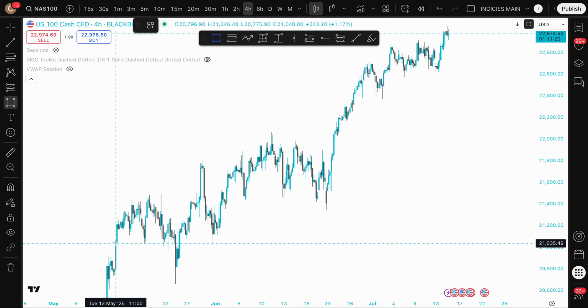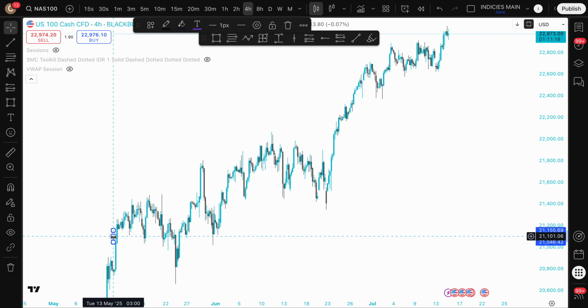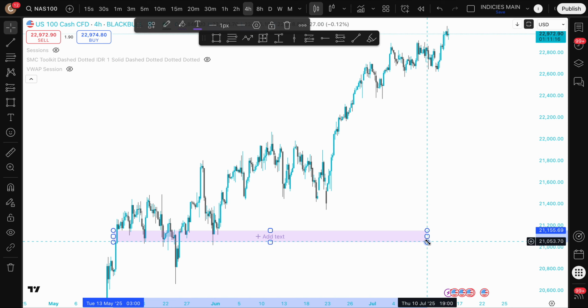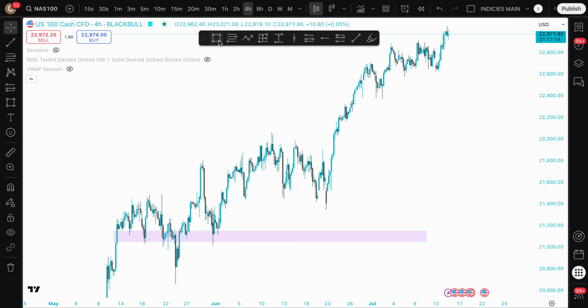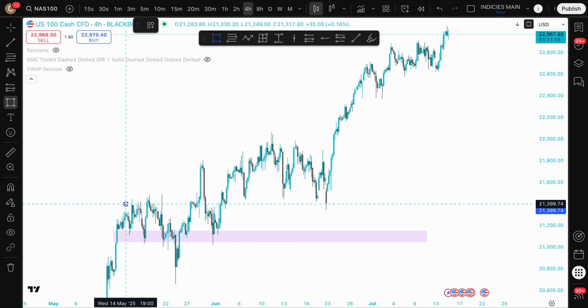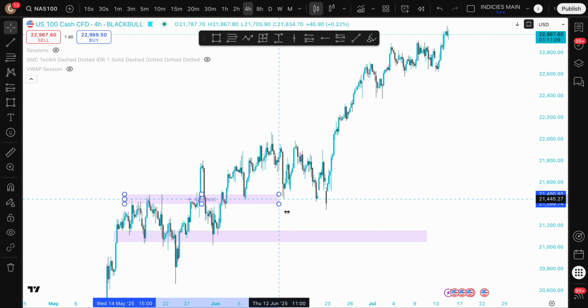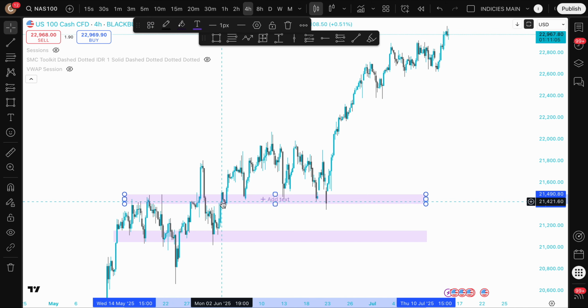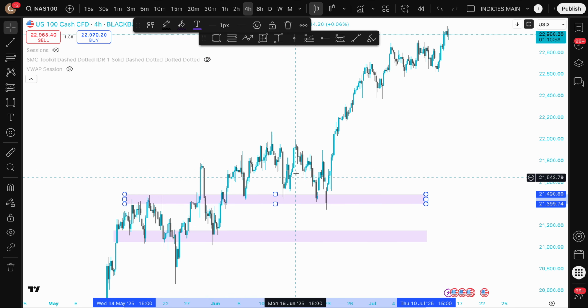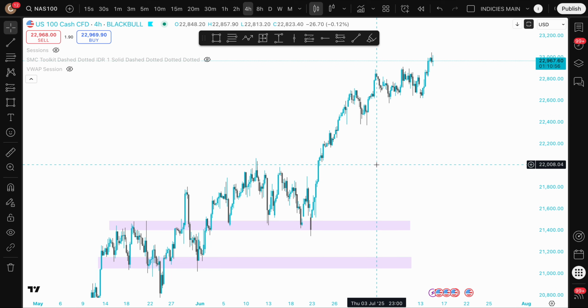But straight away we can see that this here is a level of support, which is a floor. And then we've got our resistance ceiling, which then flipped to support. So that's our ceiling. Price broke through, had a rebound, and now that's the floor, as you can see.